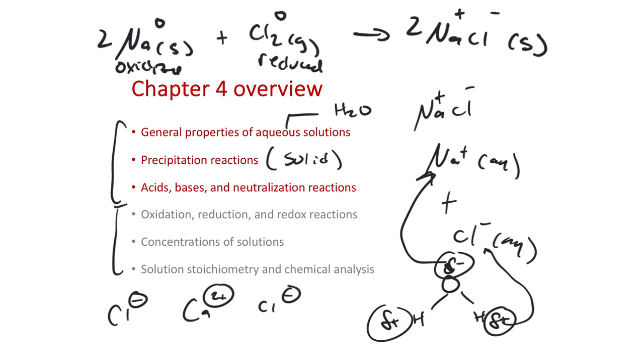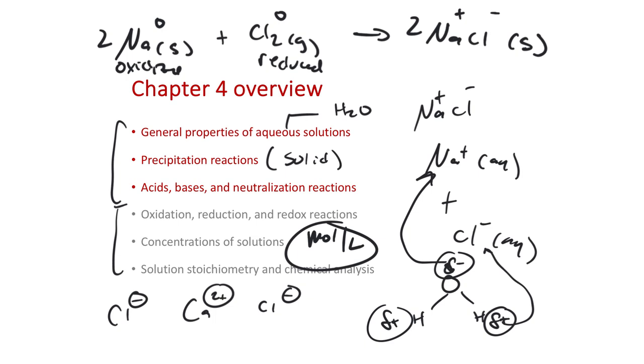So we'll talk about how we can quantify aspects of reactions in solution into problems that look a lot like problems from chapter 3, but with a different unit, molarity, which is moles per liter. So that's what we're building towards in this chapter: understanding some of the math behind the reactions and what's going on in solutions at a molecular level.